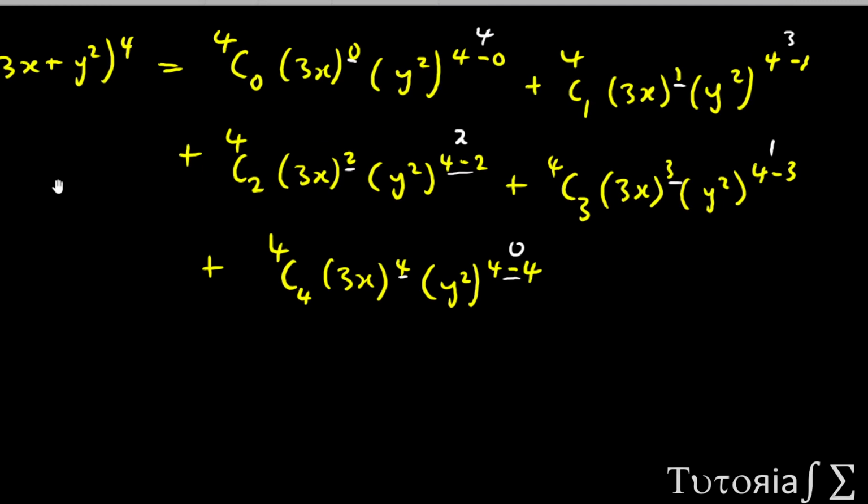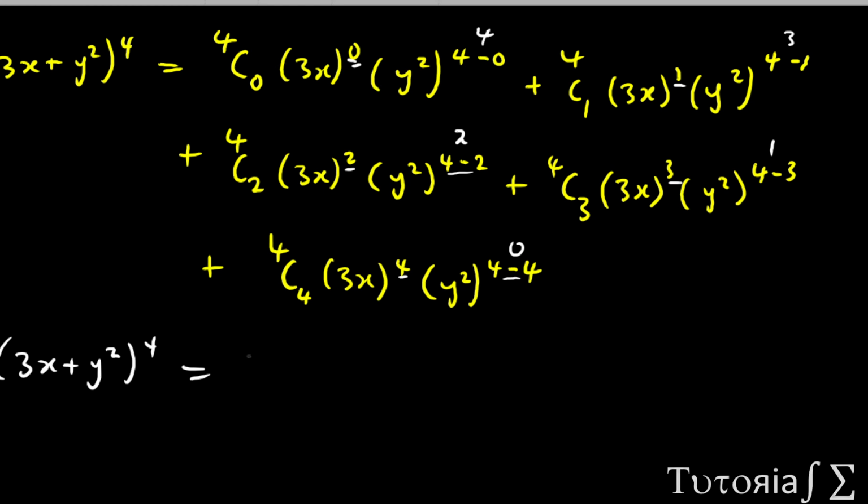So now from here, we just start simplifying. So we say (3x plus y squared) to the power 4 will be equal to, what is 4 choose 0? When you punch that on your calculator, that will give you 1. So 1 times this raised to the power 0. Any number raised to the power 0 is basically 1. So 1 times 1 is just 1.